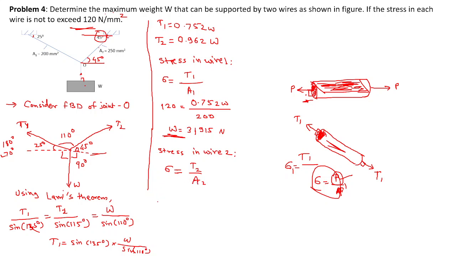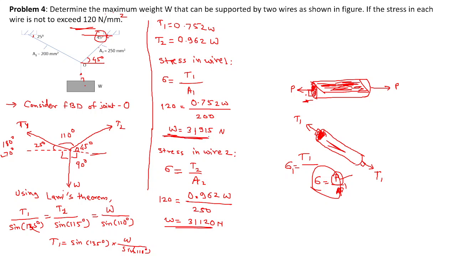Sigma is a common limit, 120. They told us not to exceed it. T2, from the above equation, is 0.962 W divided by A2, which is 250. Calculated, it is 31120 Newton. Here is another W we get.